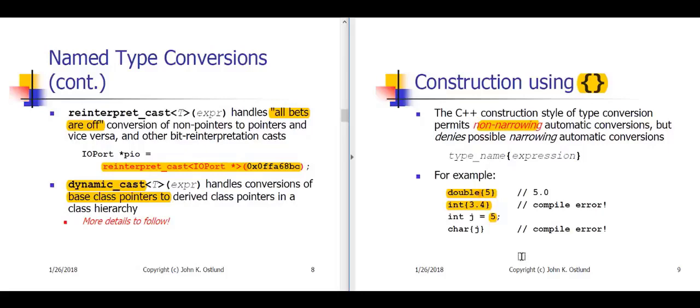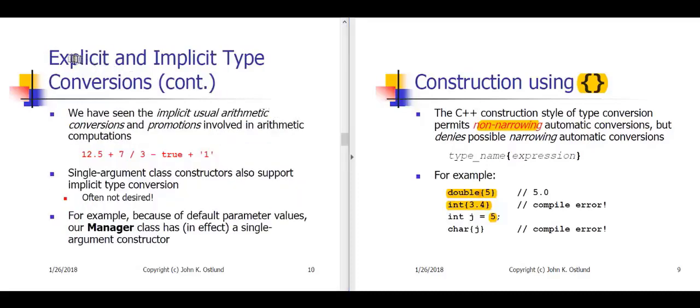It just considers the type of j, and since j is an int, and there are many values of int that won't fit into a char, if I attempt to convert j's value into a char, the compiler will give me an error. So the various forms of casts and curly brace construction are explicit type conversions that the programmer specifies that they want to do.